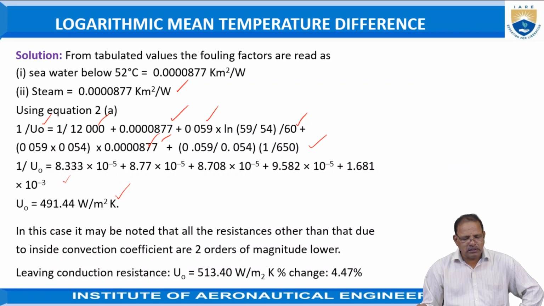So leaving the conduction resistance, we get U naught equal to 513.40 watts per meter square per degree Kelvin. The percentage is approximately 4.47%.